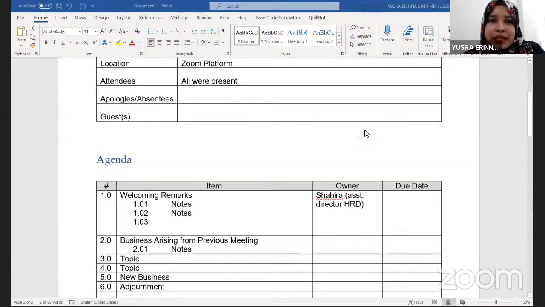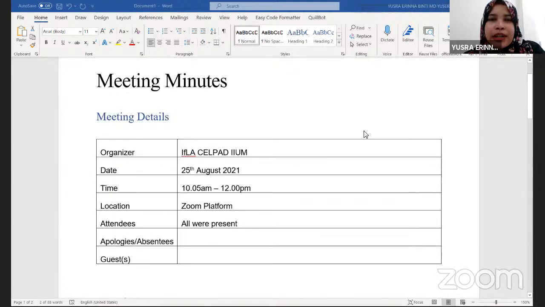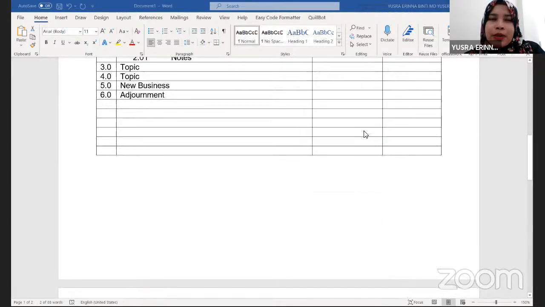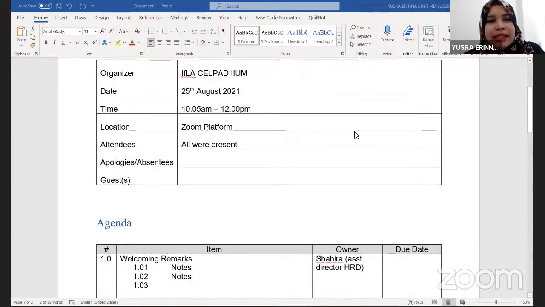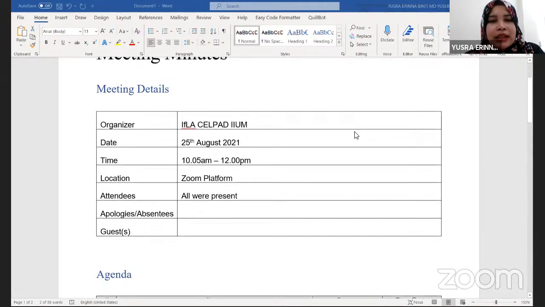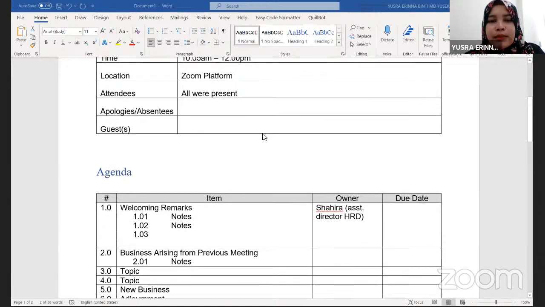For me, I prefer this one. I prefer structured. This is structured minutes of meeting. I prefer this one because it's easier to see. The items are all there, and we don't need too many words. This one is less wordy as compared to free flow.